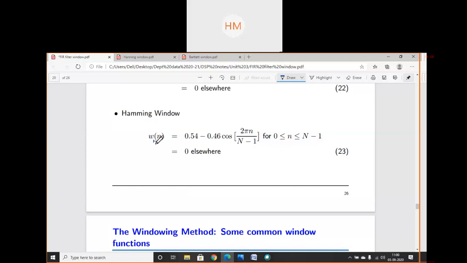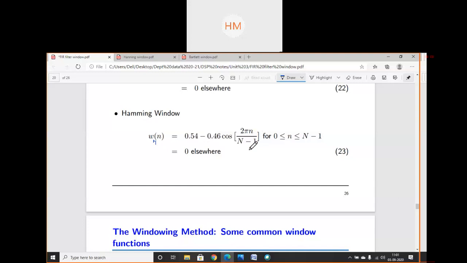Okay, students, w_H of n is equal to 0.54 minus 0.46 cos 2 pi n upon N minus 1 for the limit 0 less than or equal to n less than or equal to N minus 1, else it is 0. See, we are having two types of functions over here. We can have input as a causal function or non-causal. So for the causal Hamming window function, this is the equation.